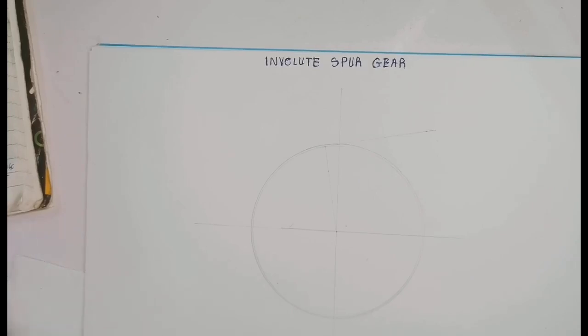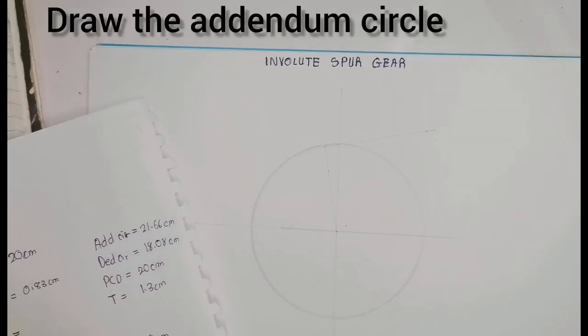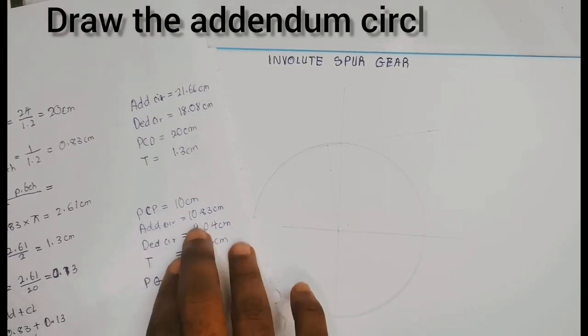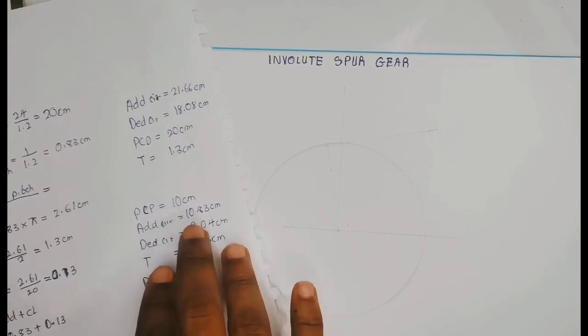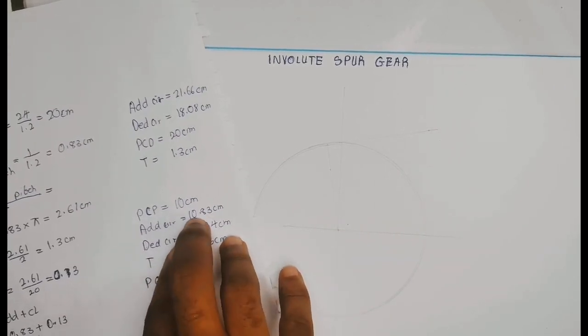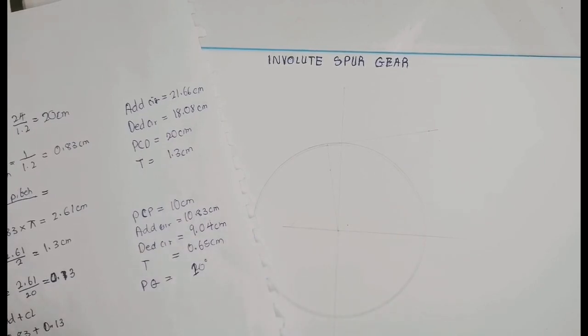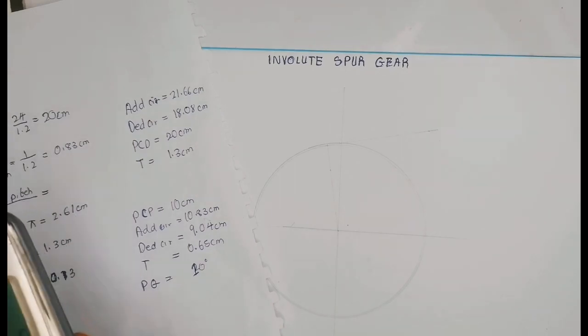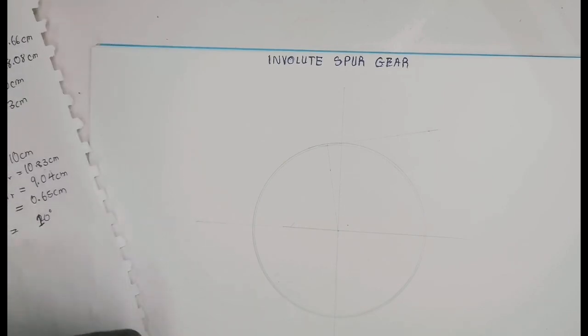Next we draw the addendum circle, which we calculated earlier. The addendum circle is 10.83. This is a diameter, so we convert it to a radius by dividing it by 2. So 10.83 divided by 2, our radius becomes 5.4.